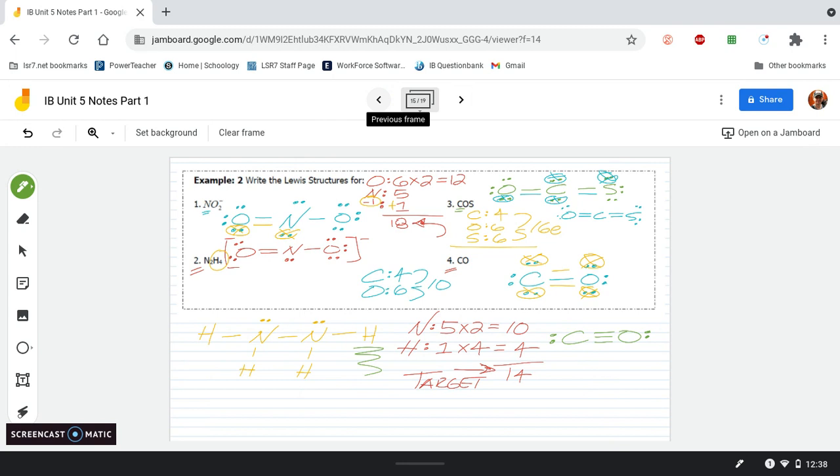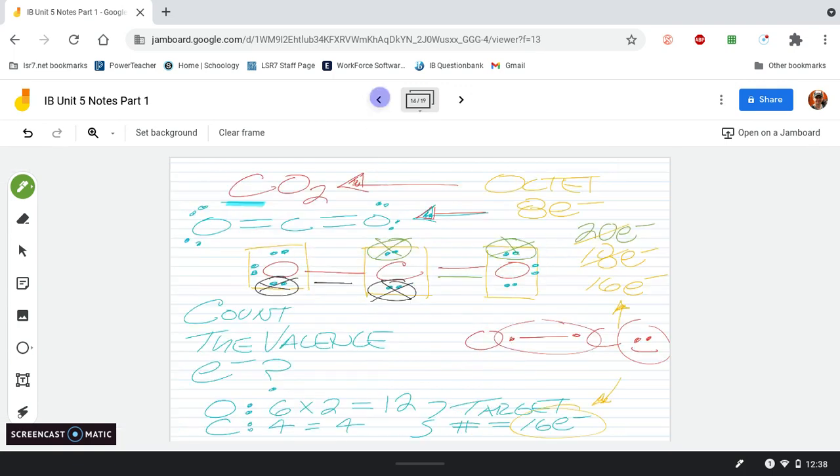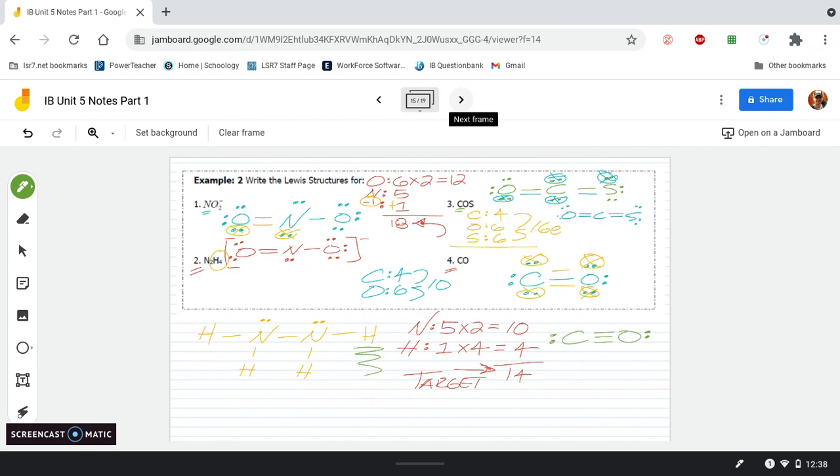So have good notes here. Hopefully you did a good job with that example problem of the carbon dioxide. The only thing you haven't seen is the expanded octets, where we'd have to add extra electrons into the middle spot. You haven't seen that, but that's okay. Right now, we've got to be able to do well on these.